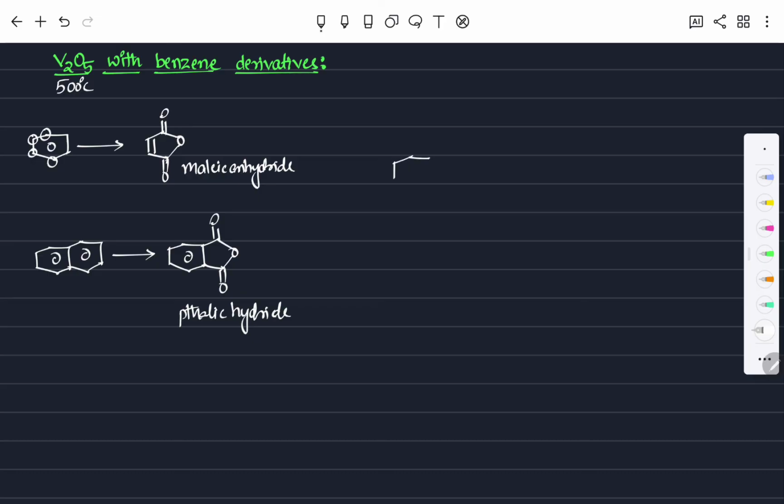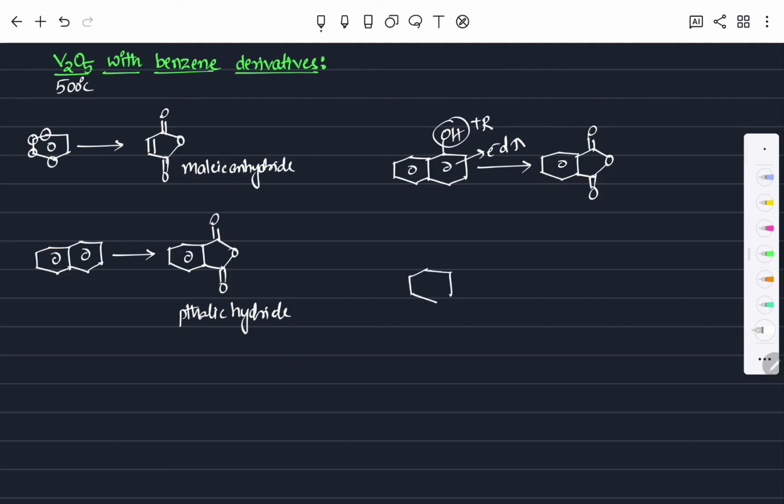Suppose we take alpha naphthol with V2O5 at 500 degrees Celsius. Because of the plus R group, this benzene ring has more electron density, so that corresponding benzene will be oxidized. If electron density is more, that ring will be oxidized.